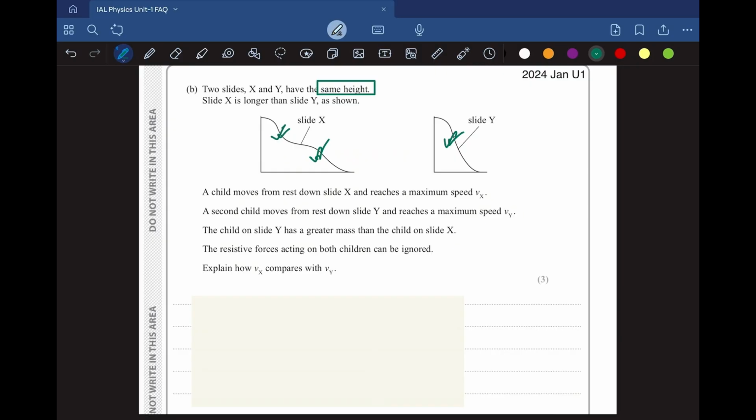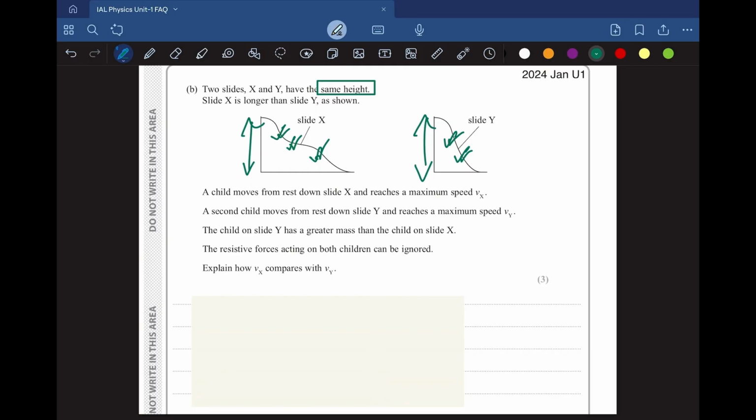It contains fewer zigzag lines than that. That's why it is smaller compared to slide X. Now they are released from the same height. This is a very important piece of information that they have provided us with.